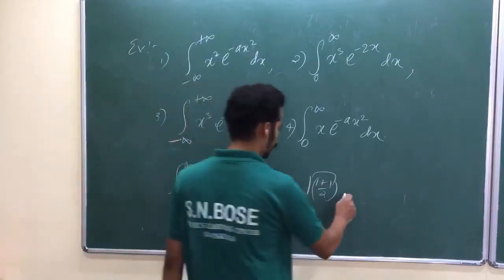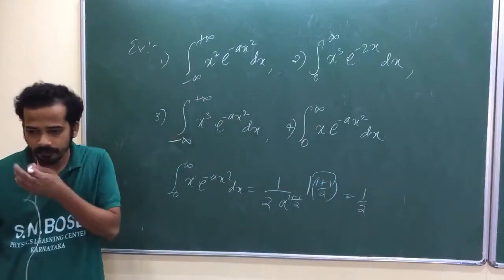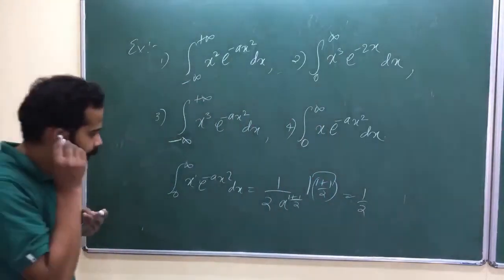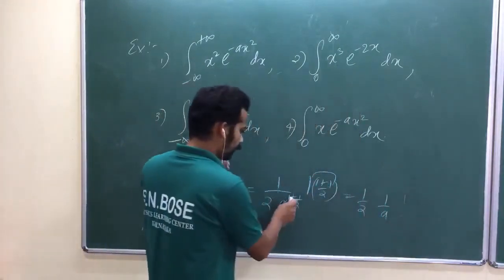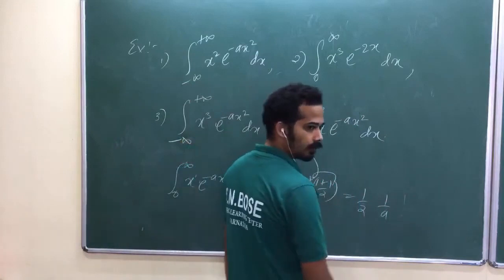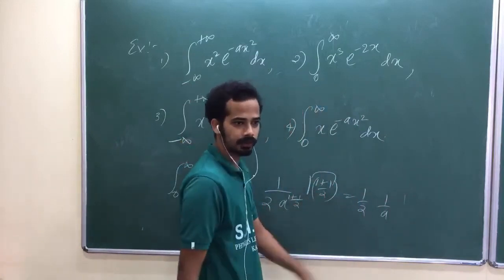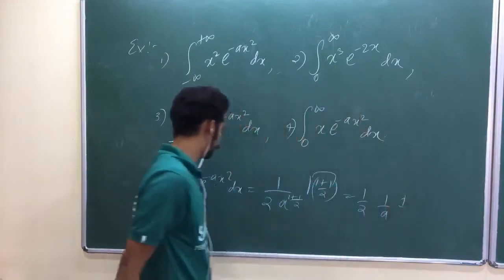Isn't it? That's equal to 1 by 2 into 1 by a, into, am I right? A power 2 by 2. Gamma of 1 is 0 factorial. 0 factorial equal to 1 again. Isn't it? So that's equal to 1.